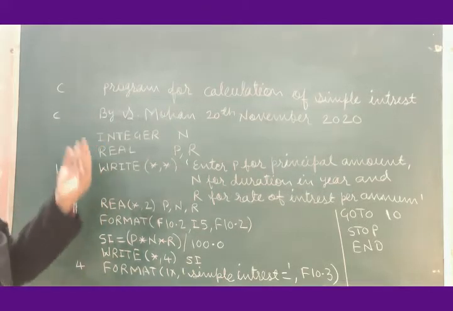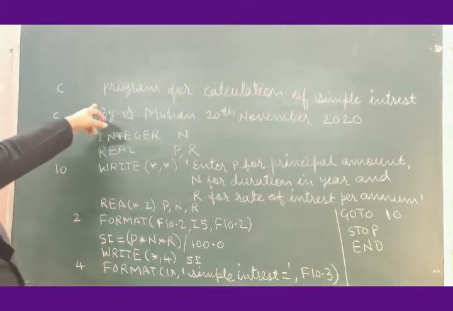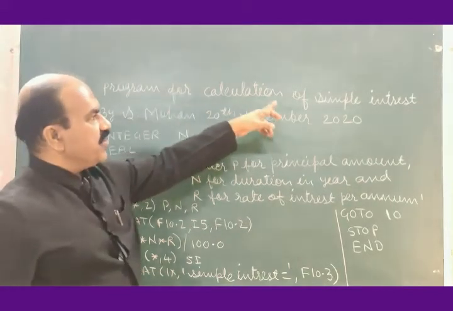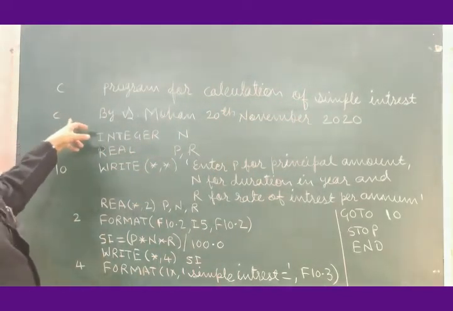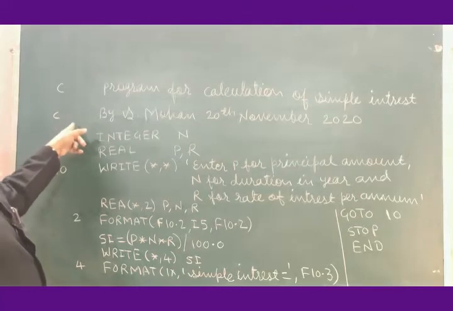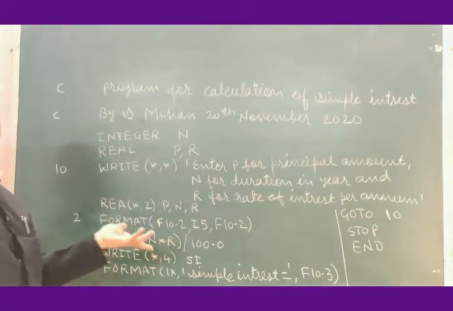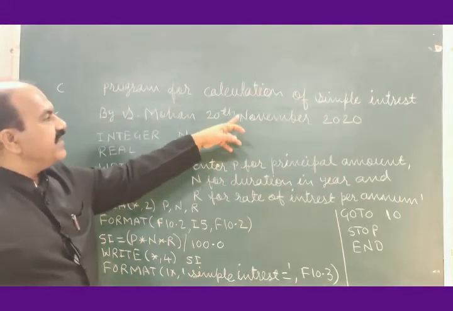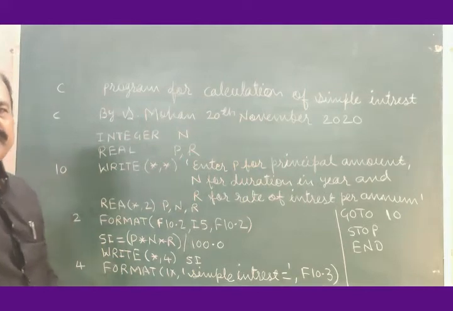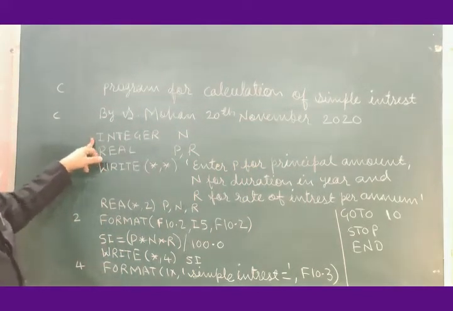Let us see how the program is. C, comment line, program for calculation of simple interest. C, again a comment line, but this comment line gives an idea about the developer or author of this program, by S. Mohan, 20th November 2020. Okay, the actual program starts here.